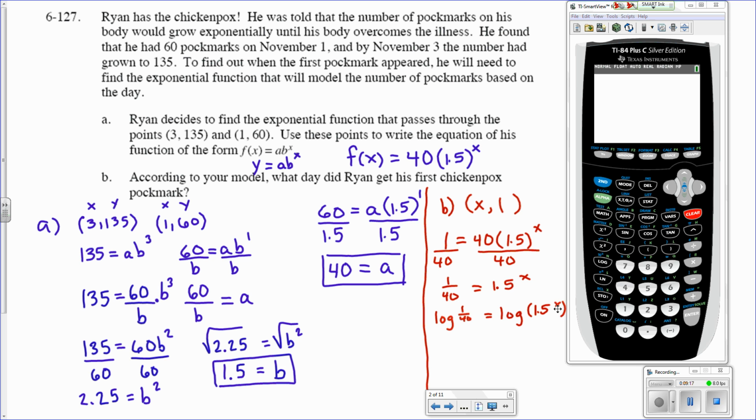And we can use that power property of logarithms, which will move our exponent from in here to becoming the coefficient of our log. So we've got x times the log of 1.5. Remember, that's the power property. You need to make sure you know that one. And that equals the log of 1/40. And then to get x by itself, we're going to divide each side by our log of 1.5.